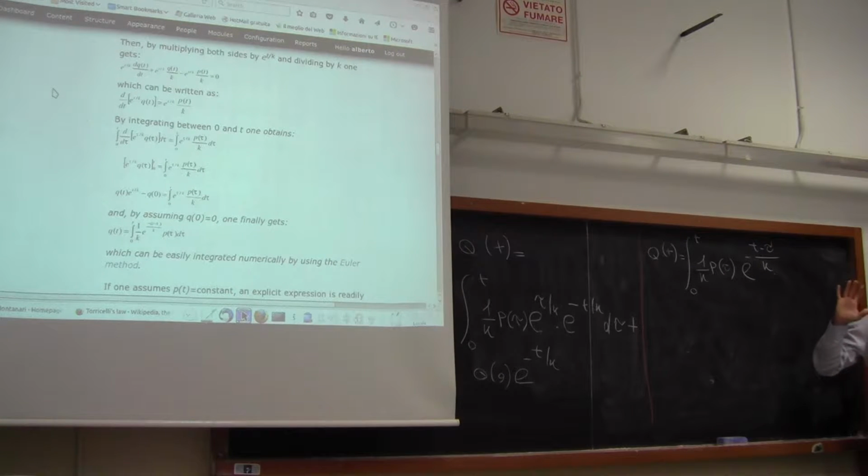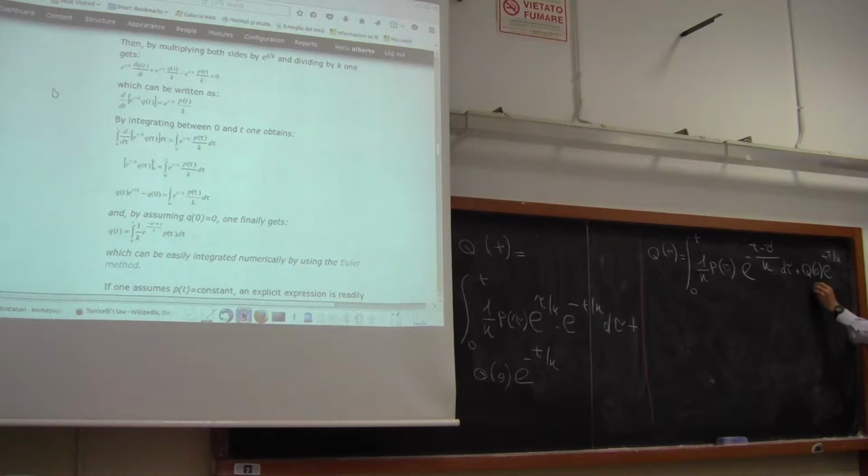But let me change sign and write t minus tau. This is just for convention. I'm changing sign and writing minus (t minus tau). It's for convention, because in the textbooks they prefer to put t before tau. And therefore in the textbook you find this with the negative sign. It doesn't change anything, but it's just a matter of respecting the previous conventions, in the tau, plus Q0 times e to the power of minus t over k.